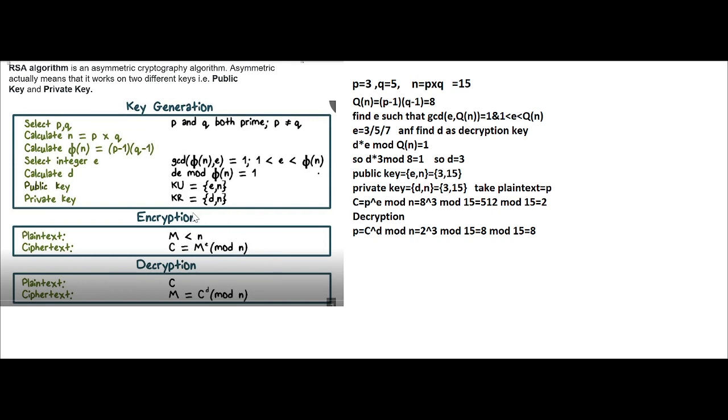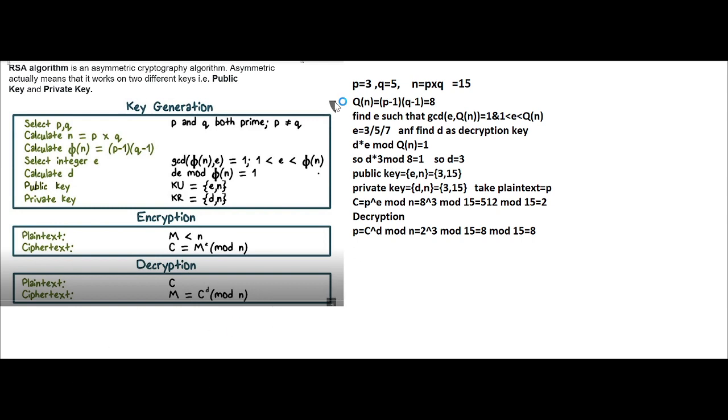Using this formula we get C. And in the case of decryption, I come back to the plain text. So M equals C to the power D mod n. In this way we get the plain message again by decryption.